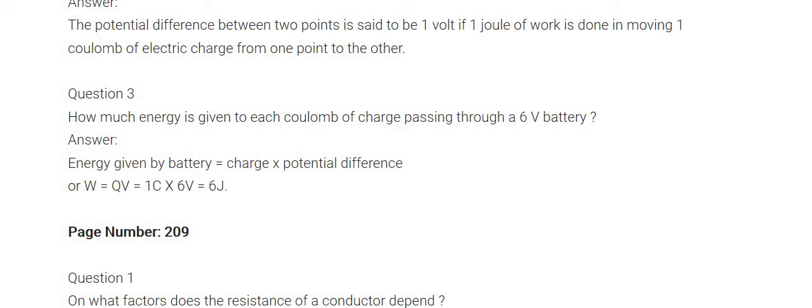The formula is: energy given by the battery is equal to charge into potential difference. So W is equal to Q into V, 1 coulomb into 6 volt. So the answer is 6 joule.